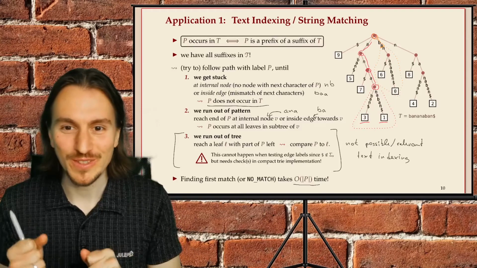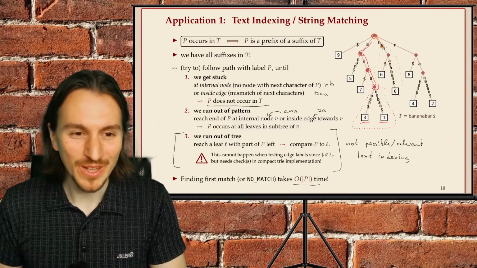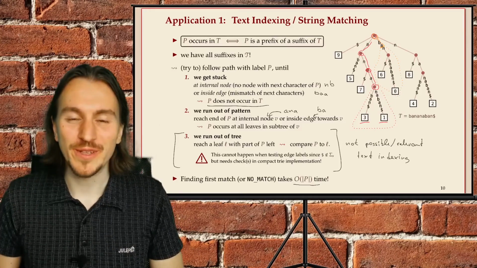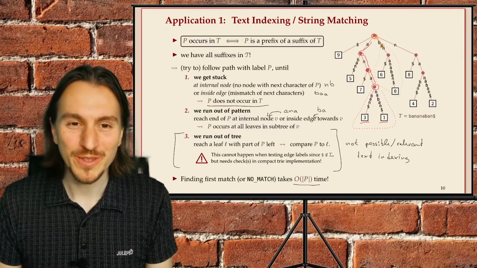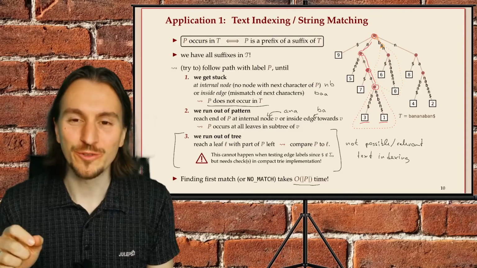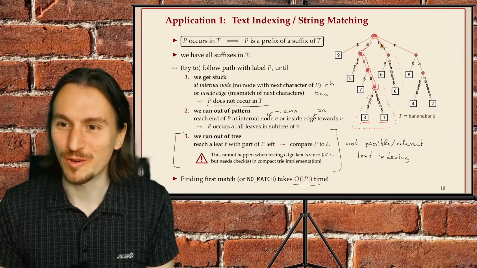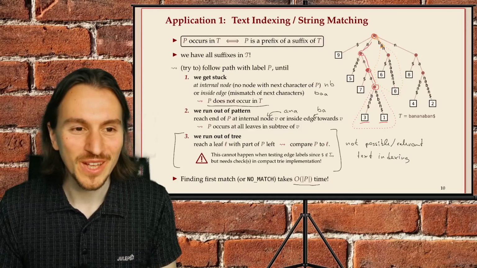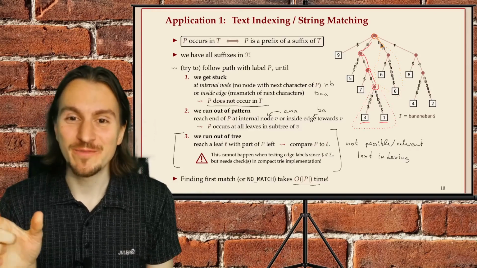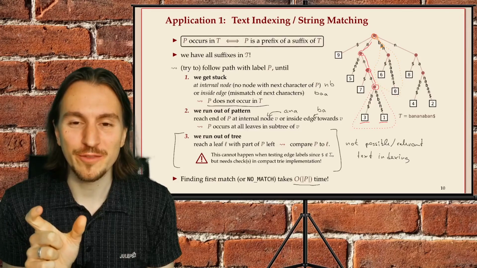And I want to stress how amazing this is one more time. You're building a web search engine that stores the entire web, but the time to search for a phrase, say you search for banana, because it's all banana in this unit, only takes time proportional to the length of the string banana.